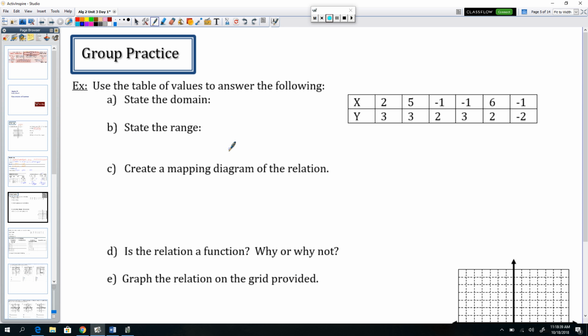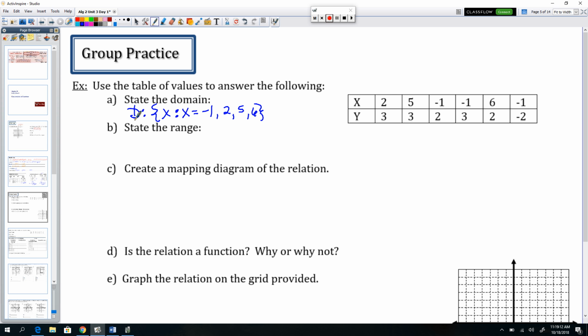All right, let's practice a little bit here. I want to show you the notation that we use to declare domains and ranges for relations. Hopefully you saw this in Algebra 1. When you state a domain, and we're talking about this table here for the relation, you say the domain, capital D, is curly bracket, we're going to use set notation, x such that x equals -1, 2, 5, and 6.